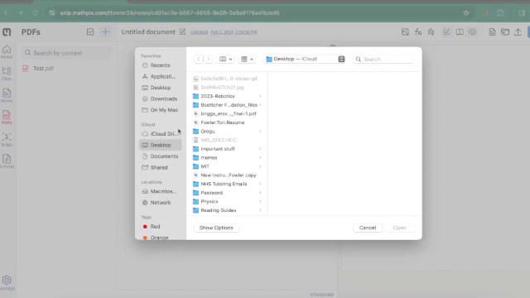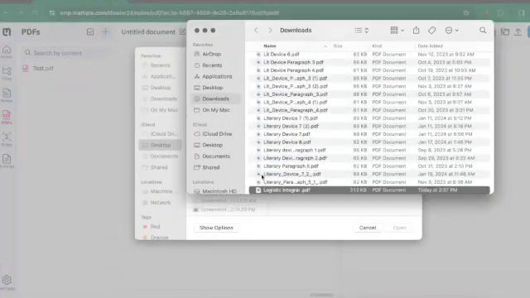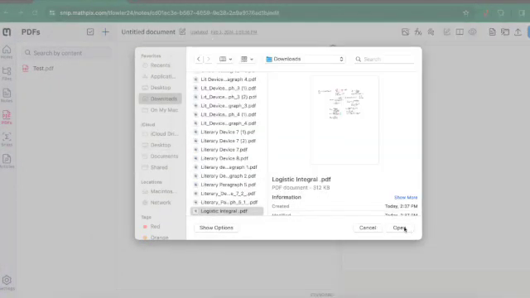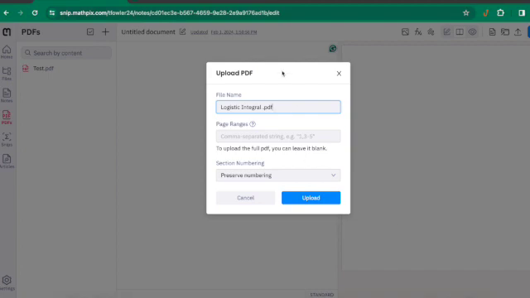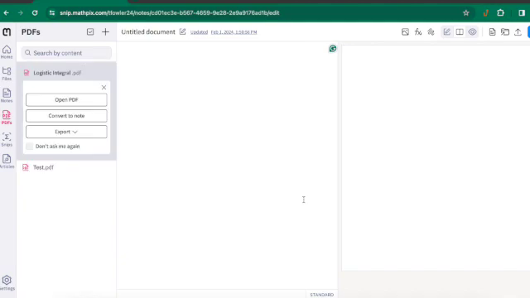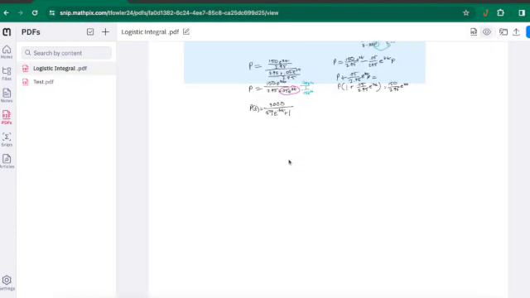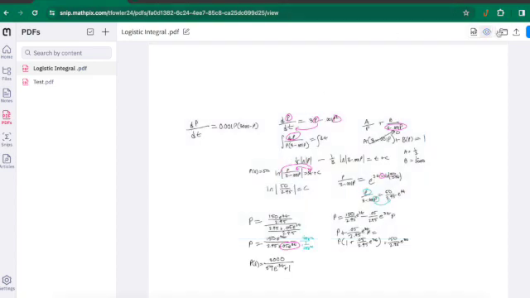So I'm just going to drag and drop this. All right, then we go open, and that name will work. So now this is going to convert everything into a nice, pretty form that I can use to submit. So let's see. All right, so this is all my work.